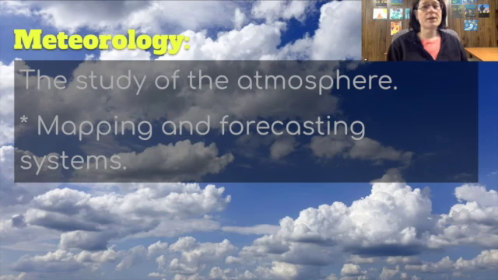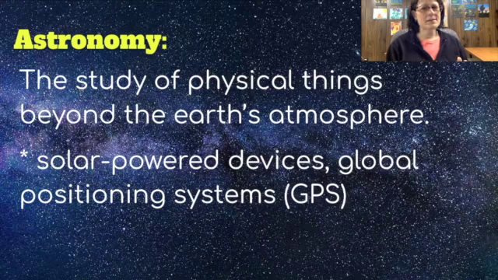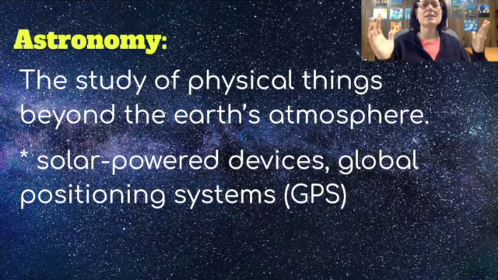Another big one, meteorology. Who doesn't watch the weather report every day or look the weather up on the internet, right? This is the study of the atmosphere, and it's used for mapping and forecasting systems. Very important for us. And a fascinating one, astronomy. The study of physical things beyond the Earth's atmosphere.